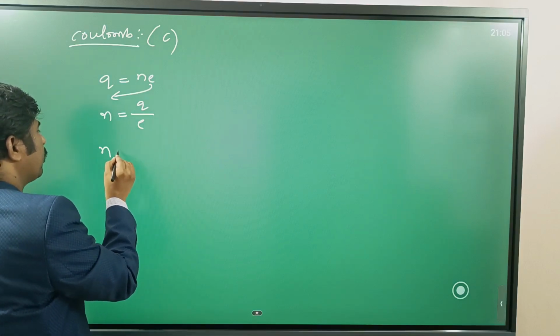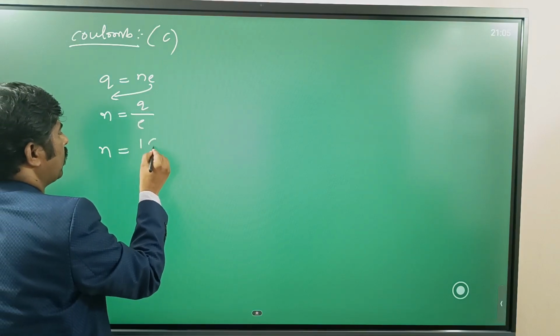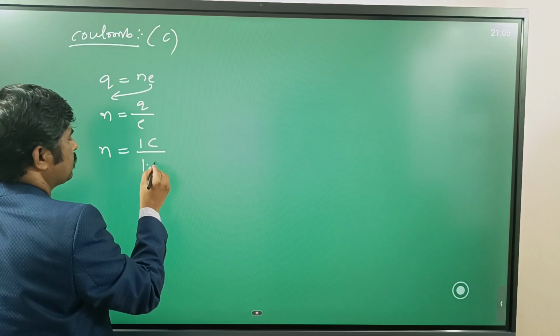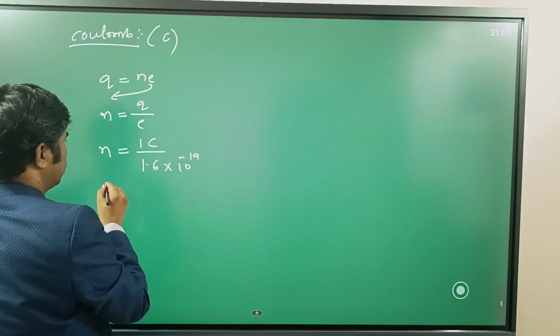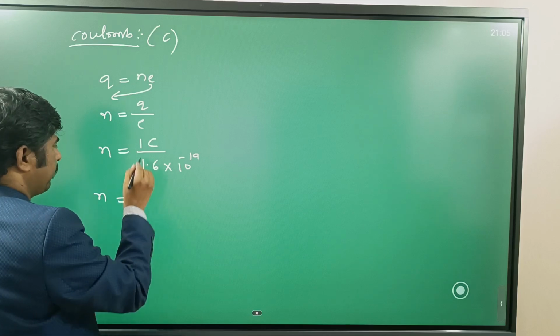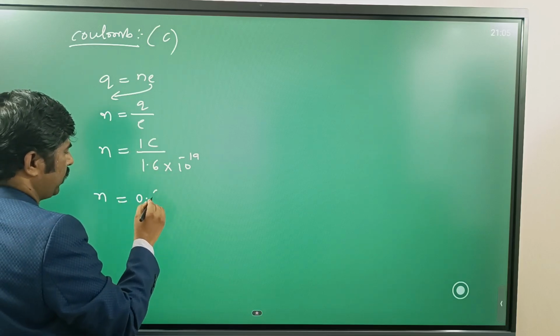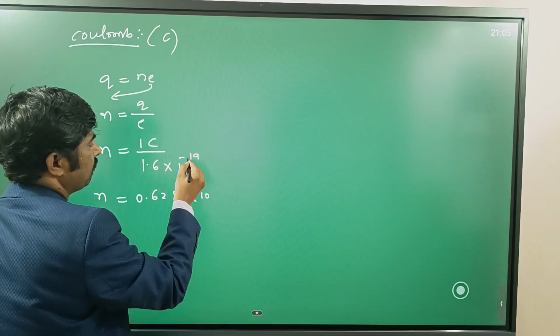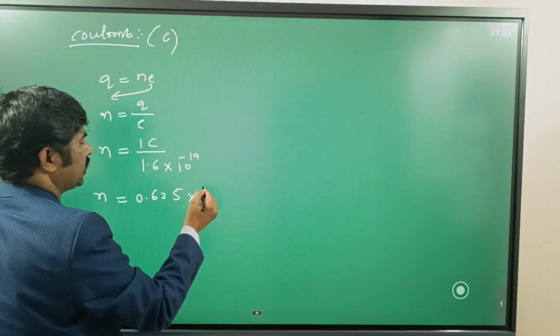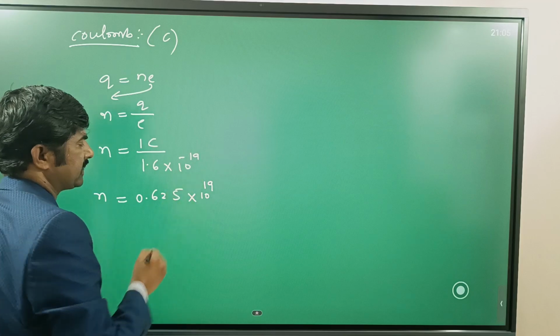We take Q as 1 coulomb of charge, and the charge on each electron is 1.6 into 10 power minus 19 coulomb. So N is equal to 1 divided by 1.6, which is 0.625 into 10 power minus 19. Now it is taken to the numerator, so it becomes plus 19.